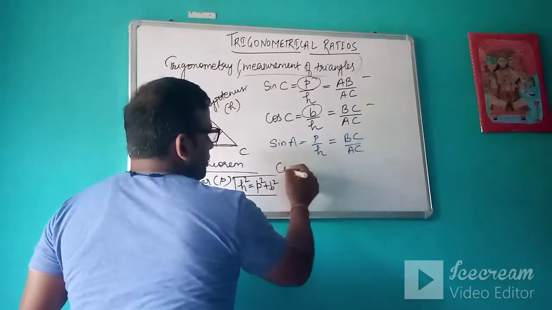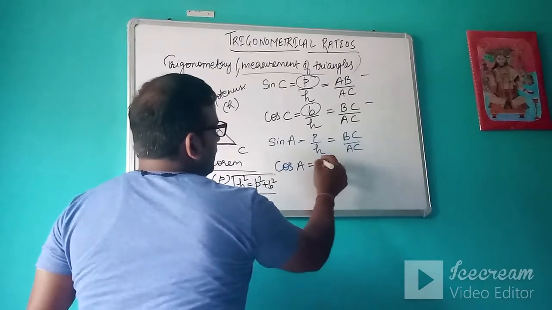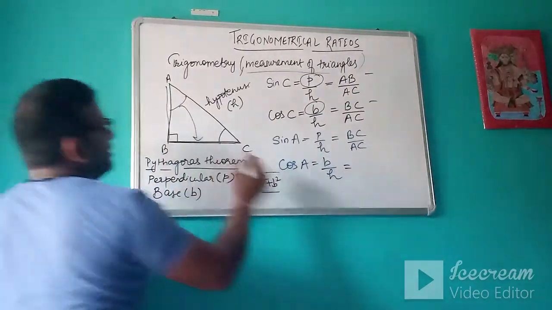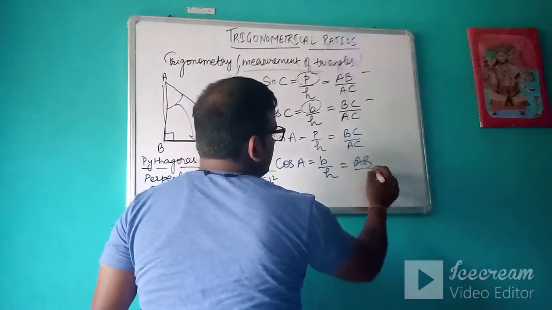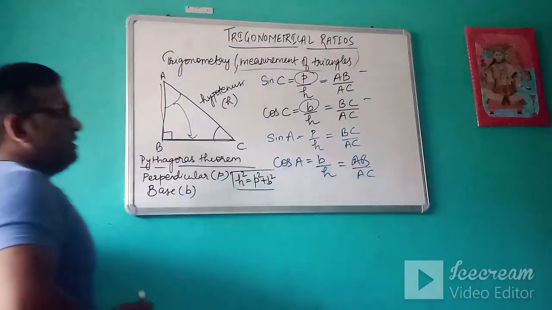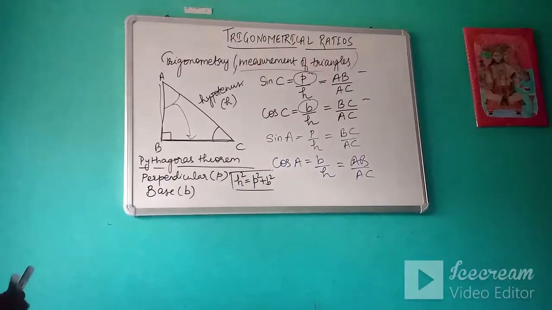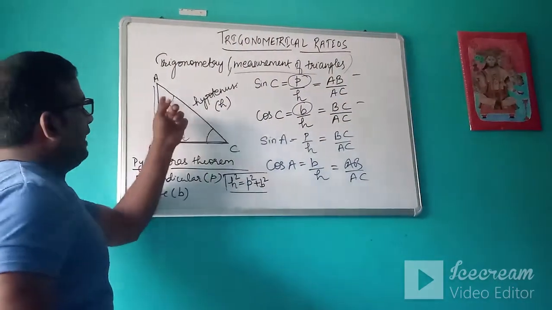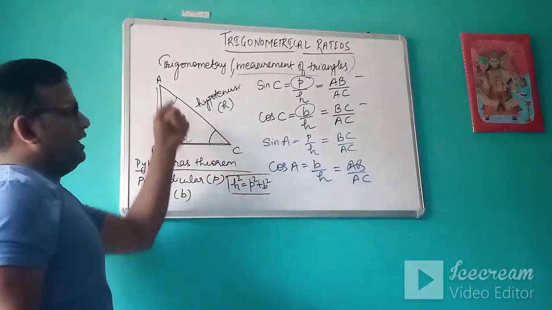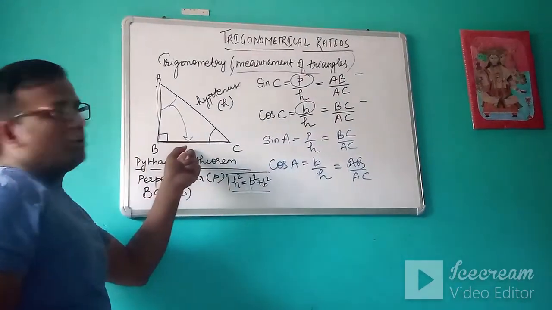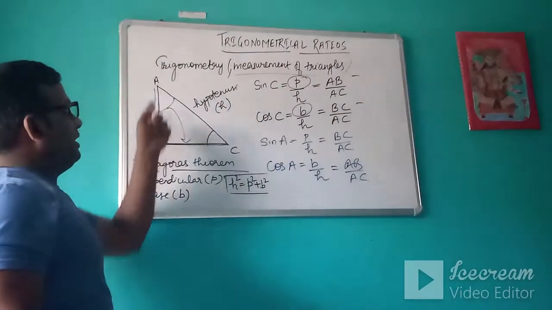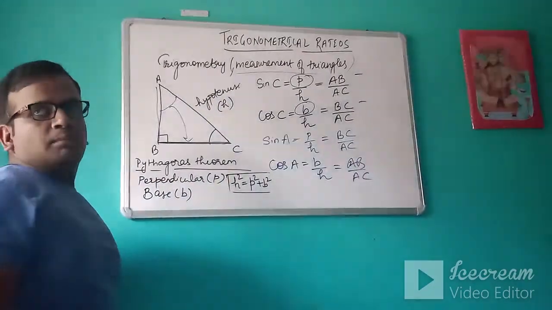Similarly, when you calculate cos now, it is again B upon H, but for this A, the base is AB. Like this, these trigonometric ratios will change according to the angle. The side opposite to the taken angle is known as the perpendicular for that triangle, and the side on which that angle has been made is known as the base for that particular triangle.